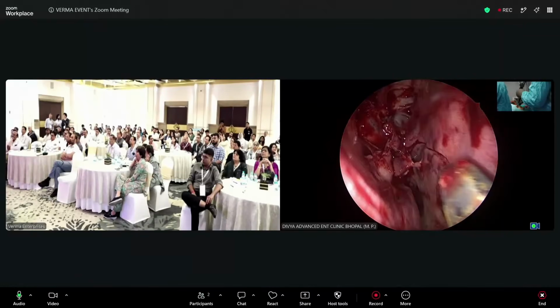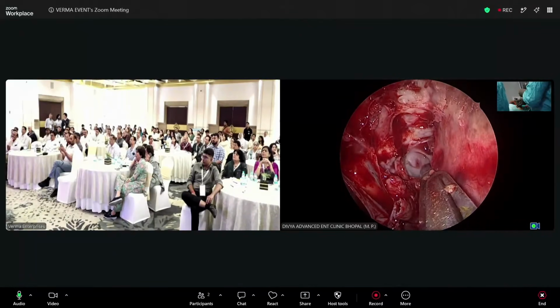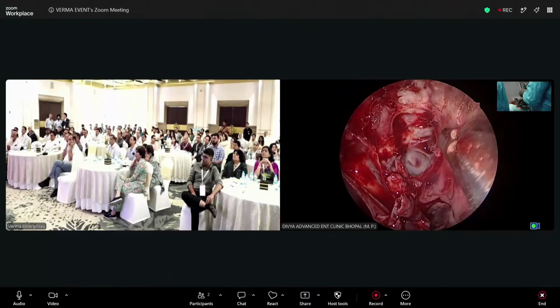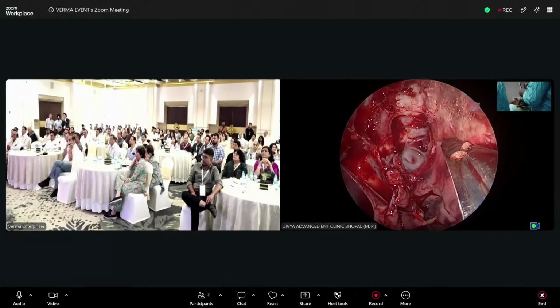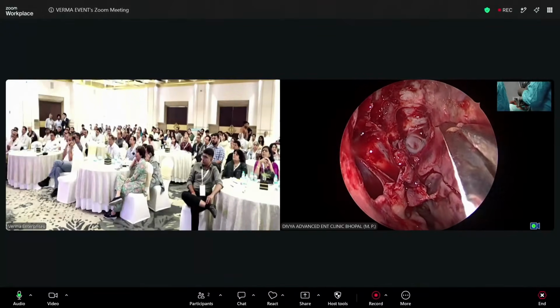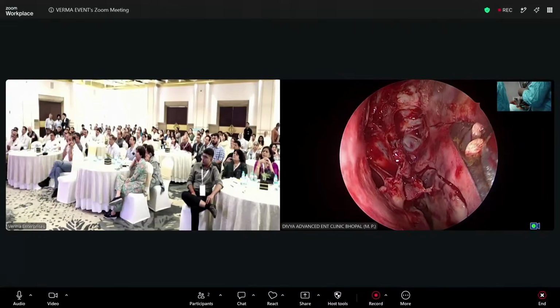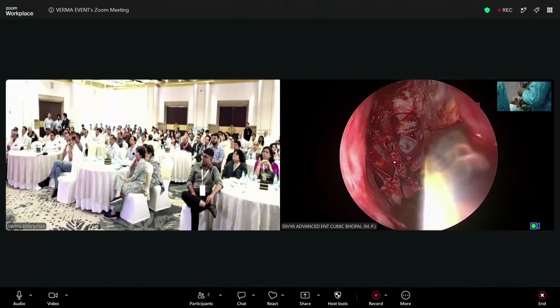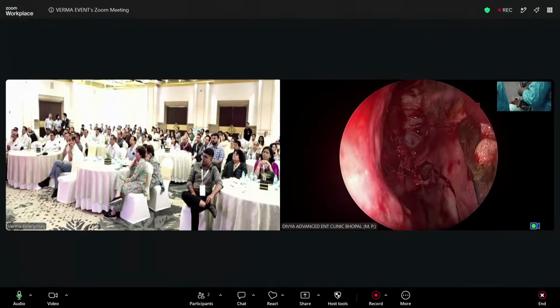I am not raising a classical Haddad. One incision above this, see this such a broad pedicle, and come anteriorly.